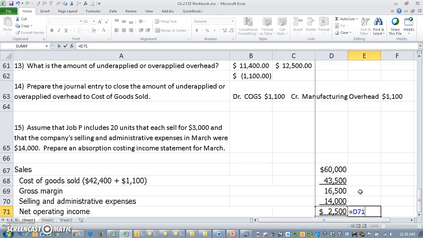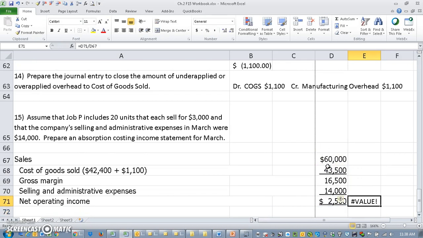Now, just to give you an idea of how much profit that is. The reason why this is not coming out is because these are not numbers. There we go. So that means we made a 4% profit off of the job, 4.2%. You might ask, well, is that good? And the answer to that is I don't know.